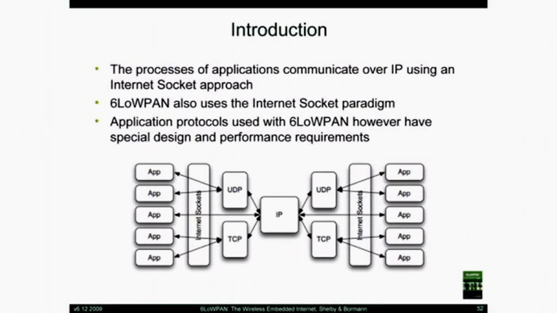One important thing to understand about the internet model at the application layer, I mentioned this really briefly. We talked about the internet architecture, this peering, is to understand that a very important part of the internet architecture is the socket API concept, or internet socket concept.